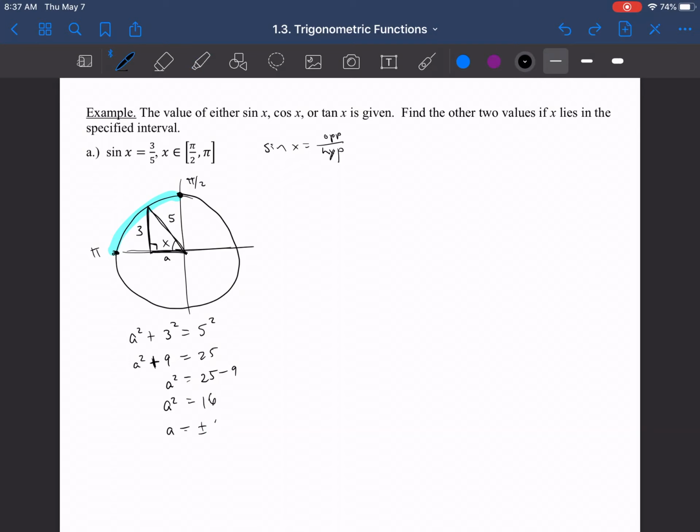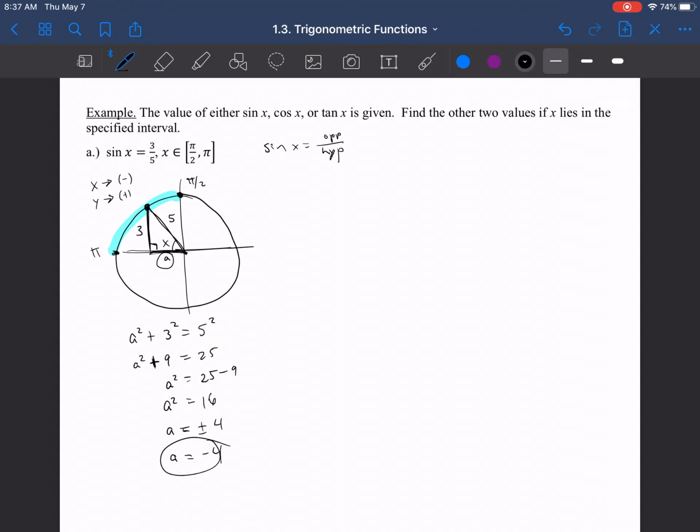We're not really interested in the positive version here, because you can see right here that we're over in this quadrant, and we know that when we're in this quadrant, x values are negative and y values are positive. So between these two values, we really only want the negative one.